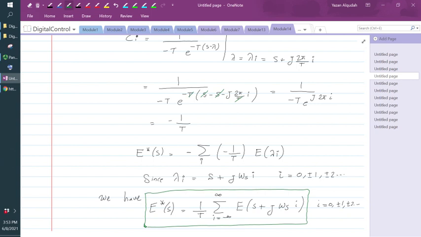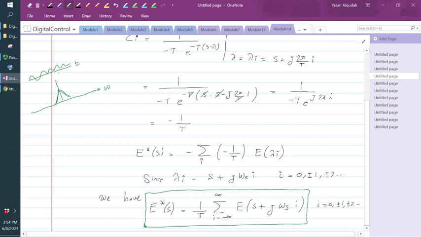When we covered the sampling theorem, if you remember, if I have a signal that is band limited, and this is the spectrum of the signal. This is the signal in time, and this is the frequency.